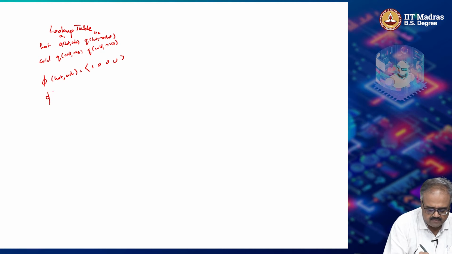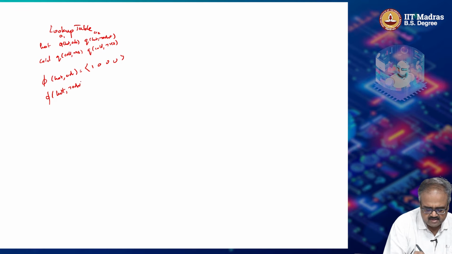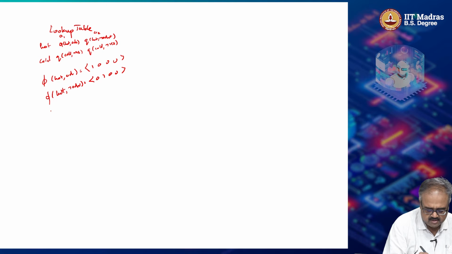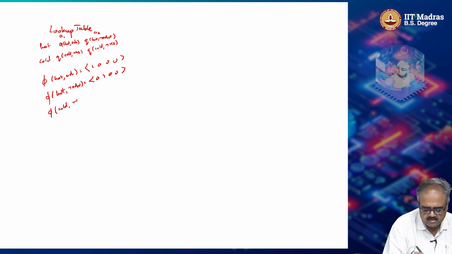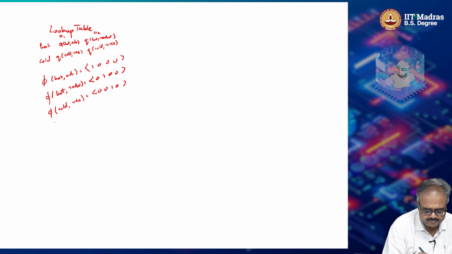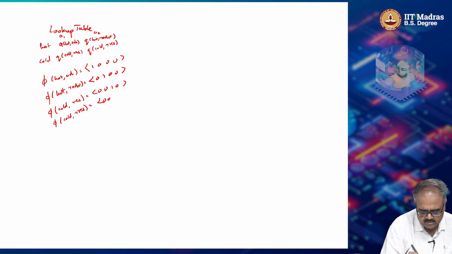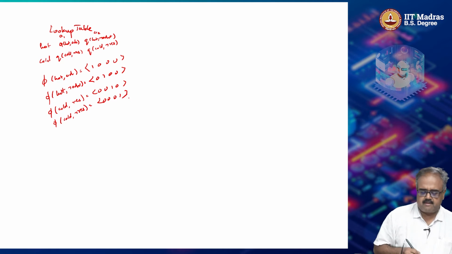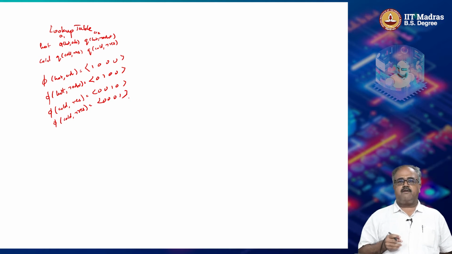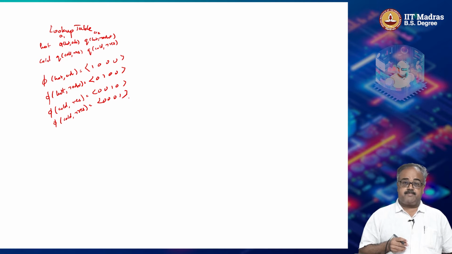Phi of hot comma not advertise equals 0 1 0 0. Phi of cold comma research equals 0 0 1 0. Phi of cold comma don't do research equals 0 0 0 1. So, these are my 4 vectors that I have defined for my representation.